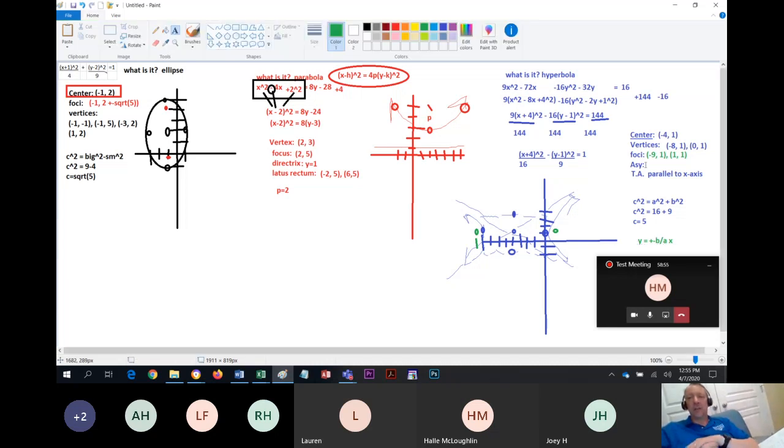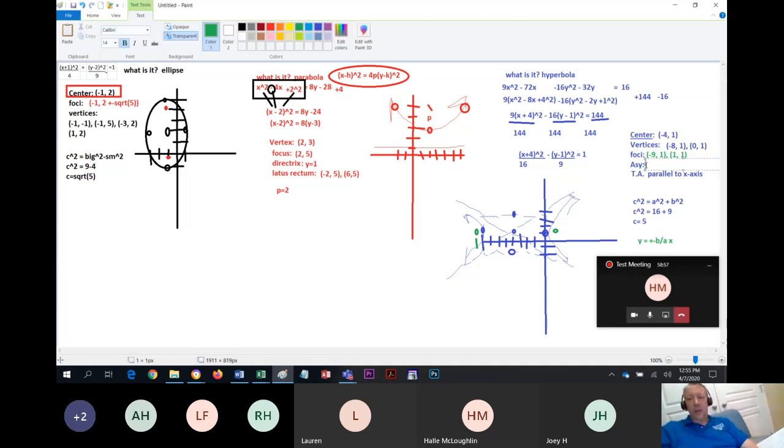So in this case, we're going to move our asymptote, and it's going to be y minus, in the x direction, 3 equals negative b. So negative b is going to be 3 over 4 times x minus, oh wait, is that right?